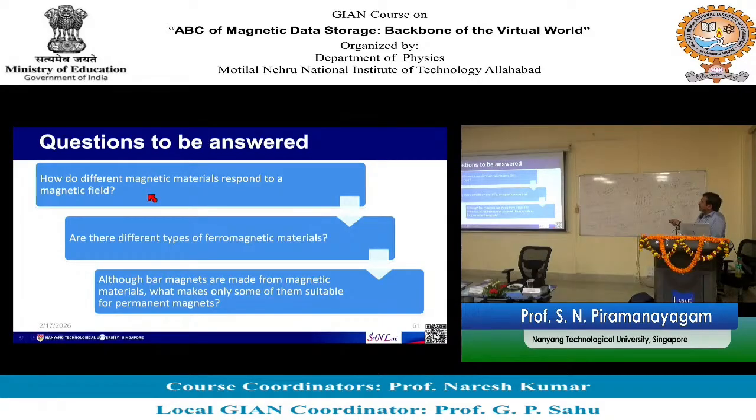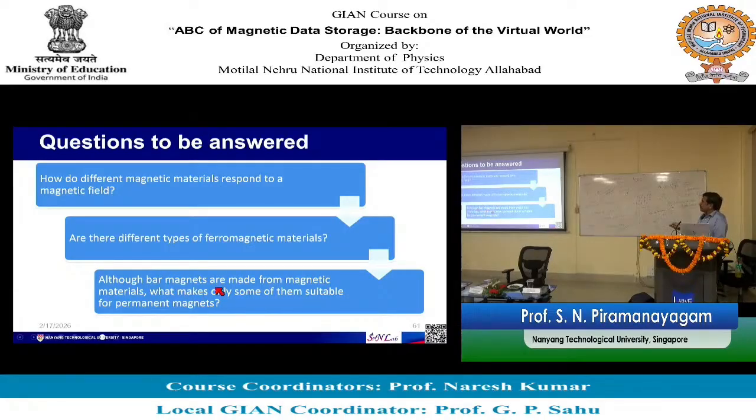So, moving forward we will try to answer these three questions. How do different materials respond to a magnetic field? We learnt that there are 5 types of magnetic materials, and how they respond to a magnetic field, and we have been learning about ferromagnetic materials, which are the most useful materials. What are the different types of ferromagnetic materials?